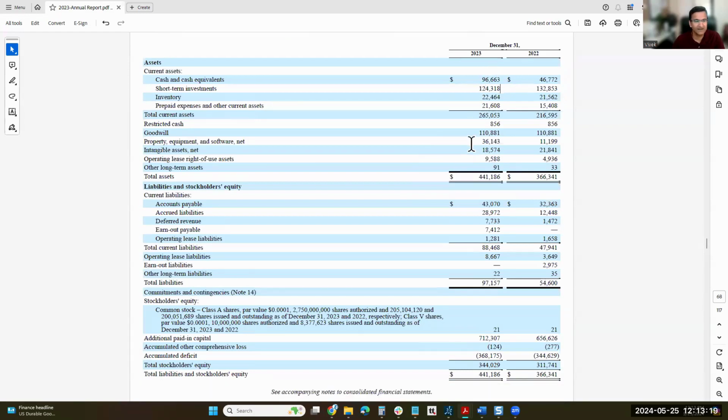We are almost 5 months into 2024. But looking at this, the balance sheet is not that strong with respect to how much money they have to spend, right? They only have cash and short-term investment that maybe they can convert into cash. It only amounts to whatever, $230 million.